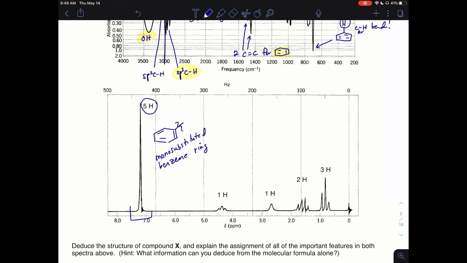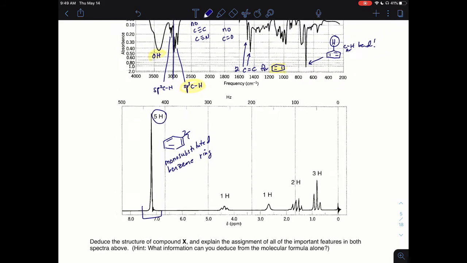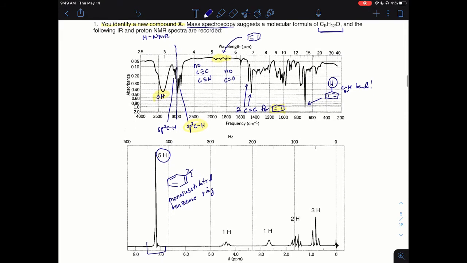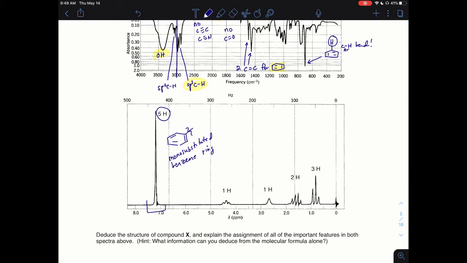What else do we have here? Okay, we have 4 more signals. Let's go back and look at the formula. The formula was C9H12O. We know there's an OH. Oh, I bet that this right here is the OH. And what else do we have? Well, we have 2 hydrogens, and these 2 hydrogens are a quartet. And then there are 3 hydrogens that are a triplet.